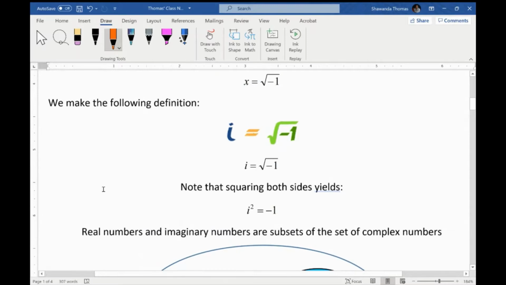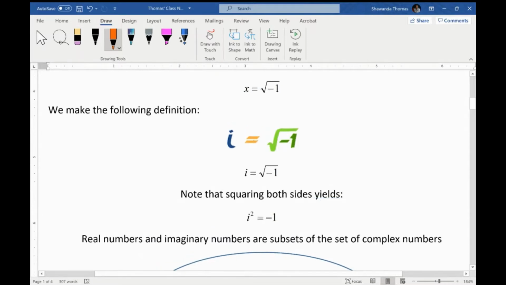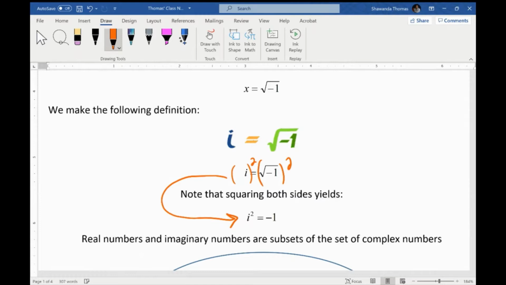Also note that if you square both sides, then i squared will equal -1. Does that make sense? If i equals the square root of -1, then i squared equals -1.